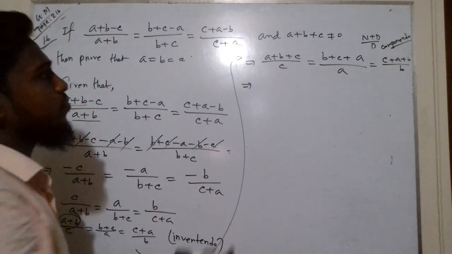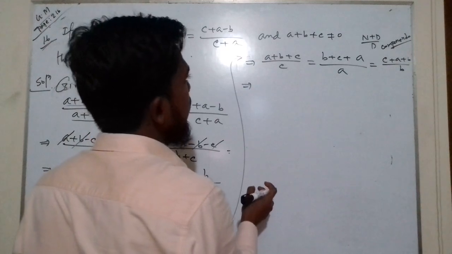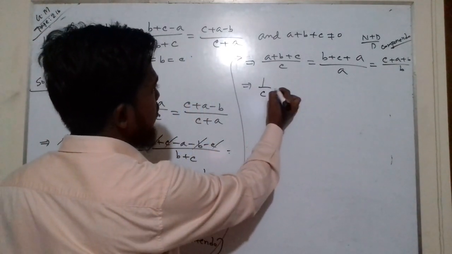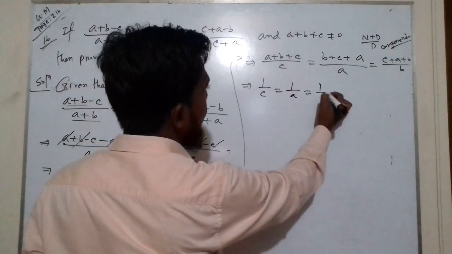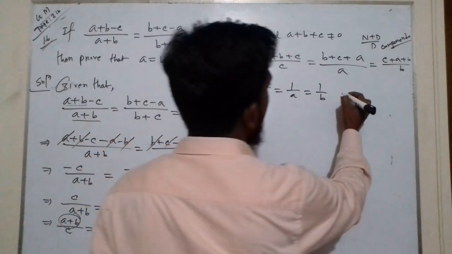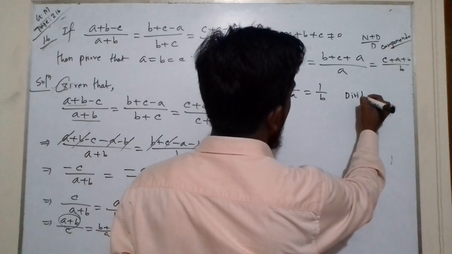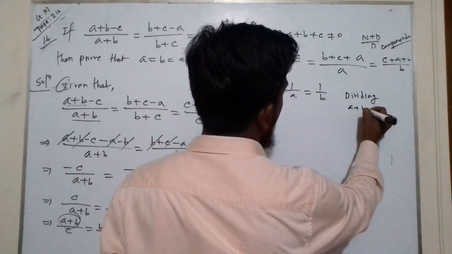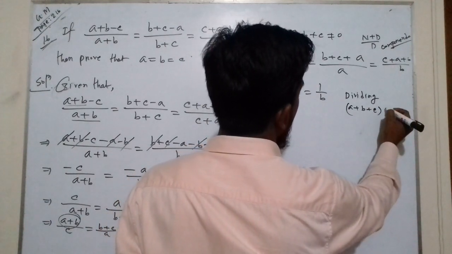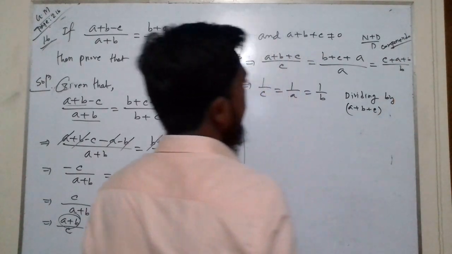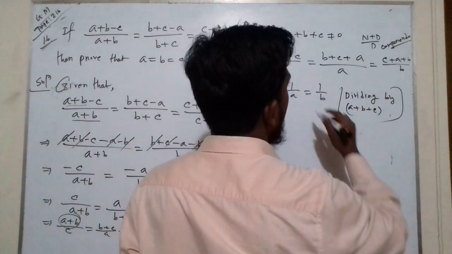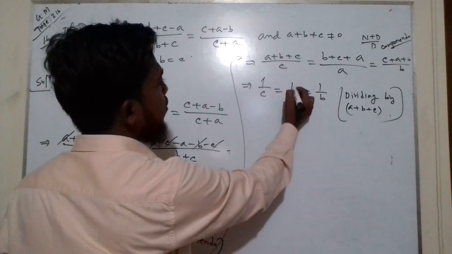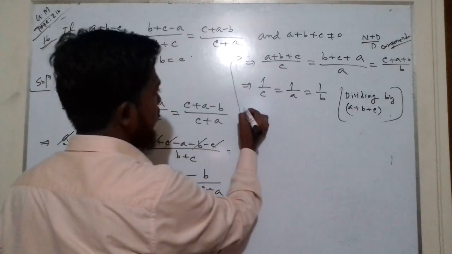Now dividing by a plus b plus c in each term, we can write 1 by c equal to 1 by a equal to 1 by b.